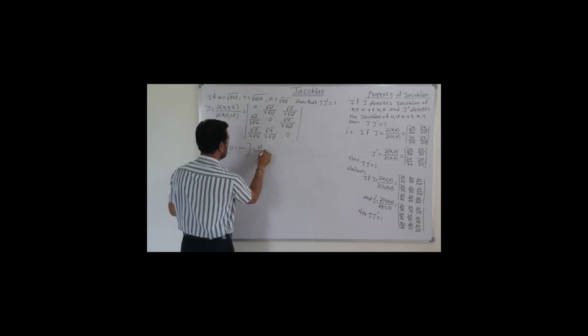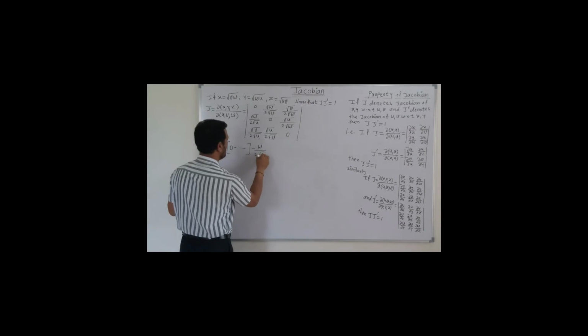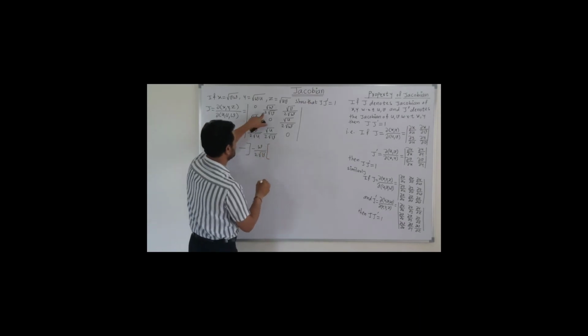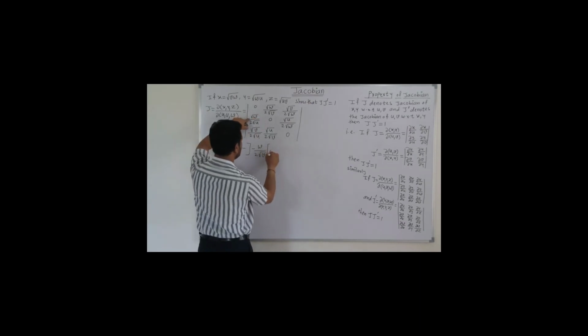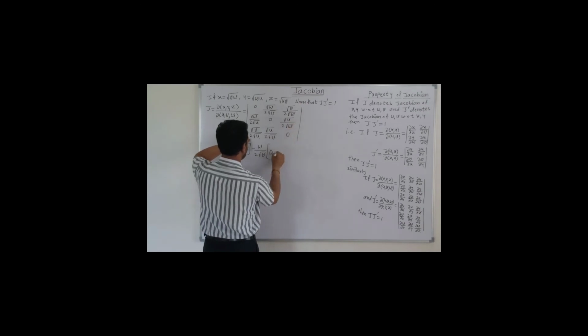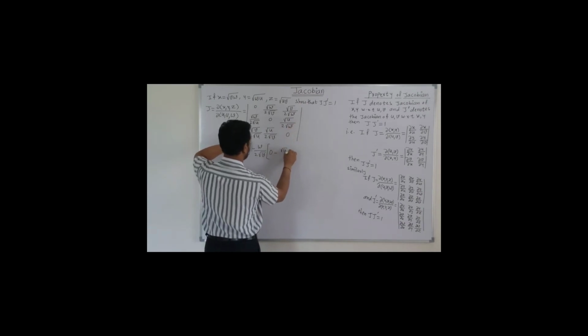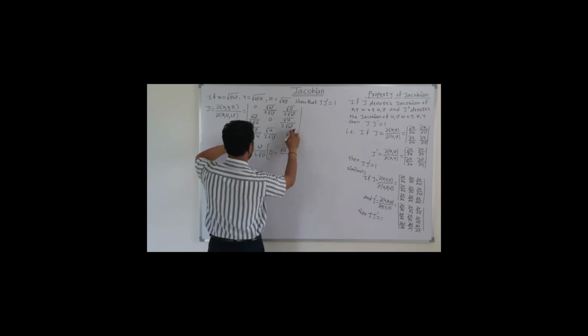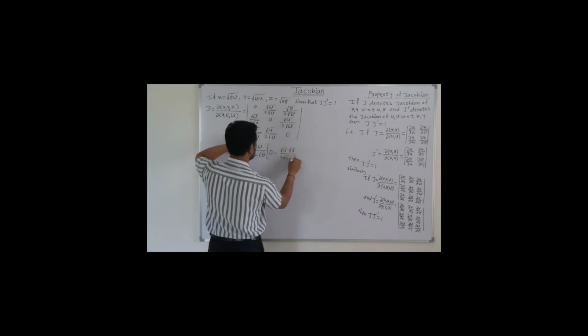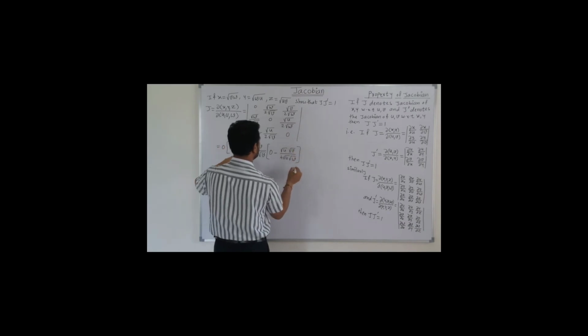Minus this is omega upon 2 root of v, then again this term is 0. Then minus this is root of u root of v divided by 4 times root of u root of w. So this is the first term.